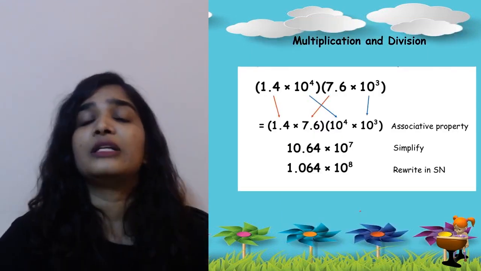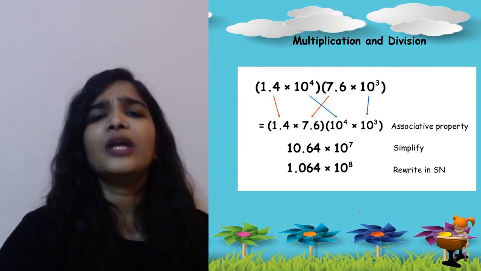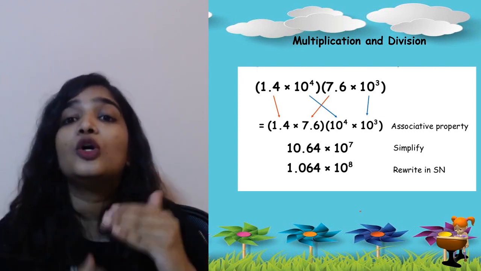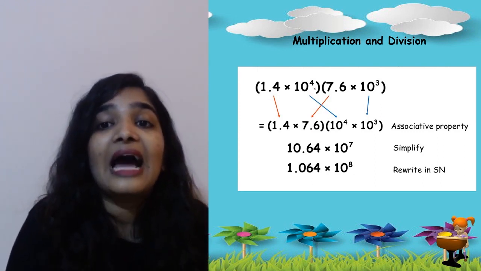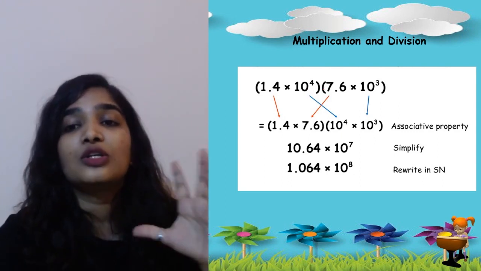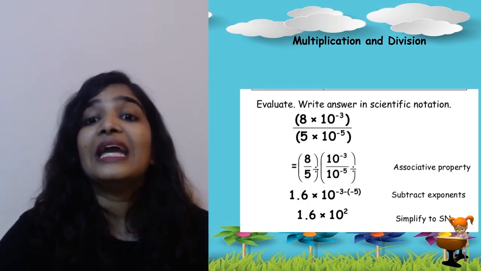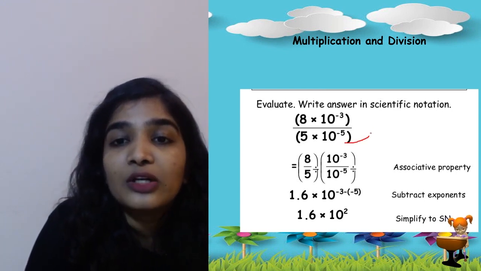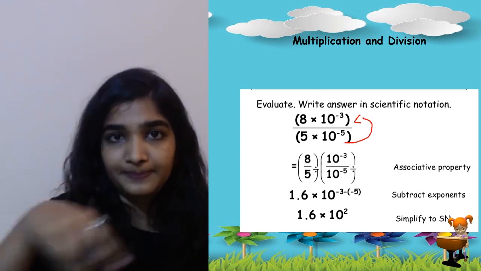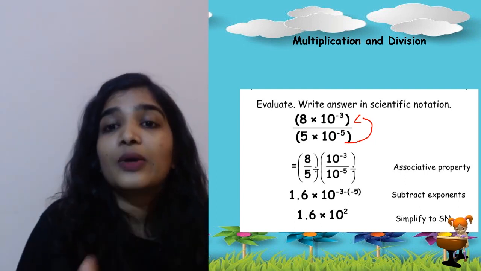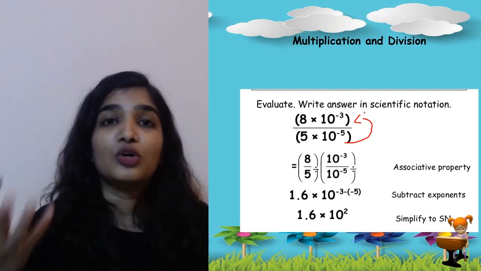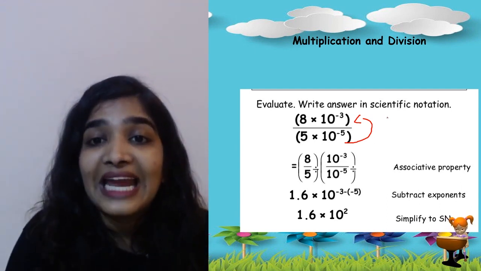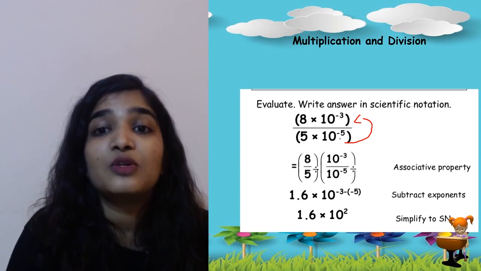Even in division it is the same thing. First multiply or divide the coefficients and then add the exponents to get the power of 10. In division, from the denominator you can transfer the base, then it will become positive. Whatever the sign is will be inverted. So you have 8 into 10 raised to minus 3 divided by 5 into 10 power minus 5.